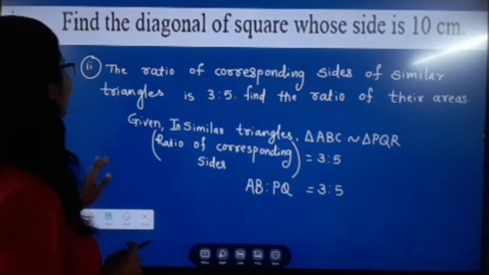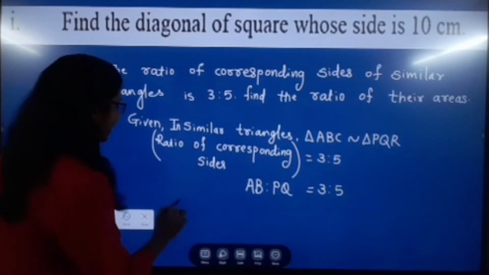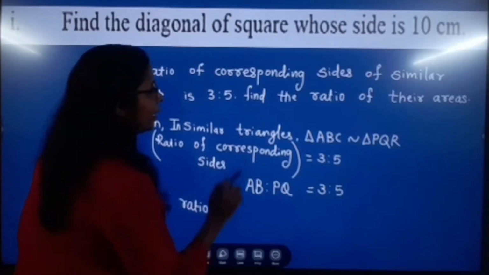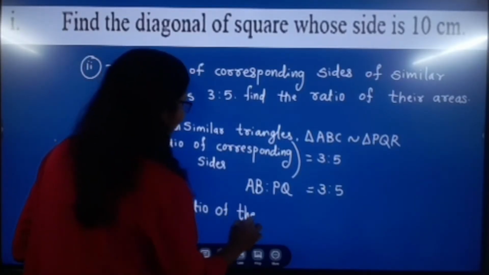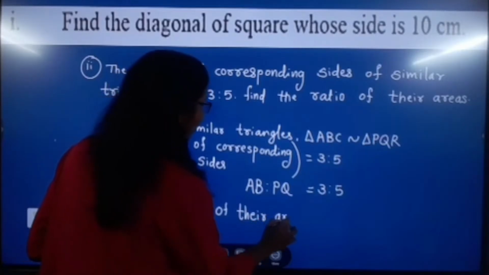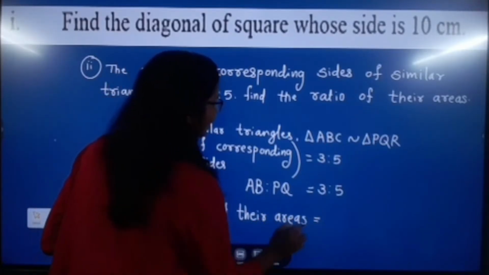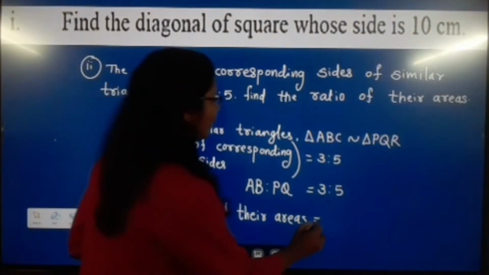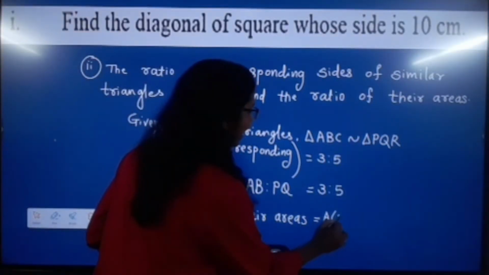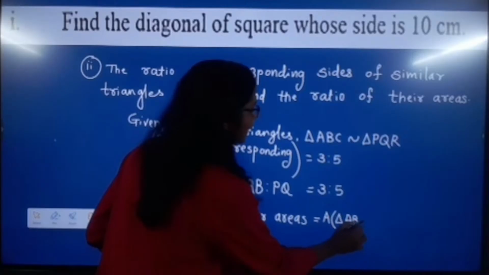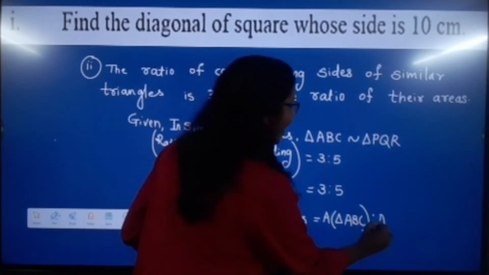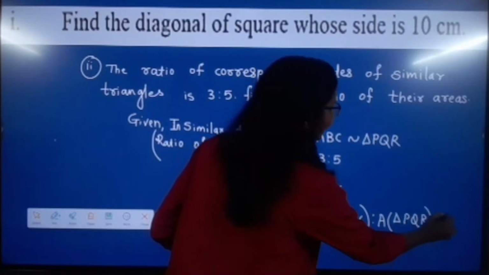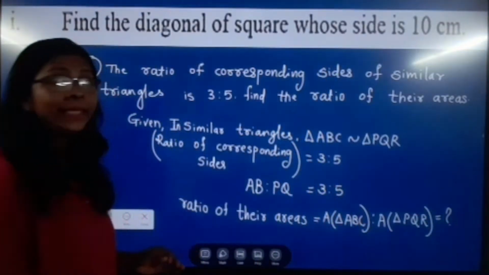Now we have to find the ratio of their areas. That means we have to find the area of triangle ABC is to the area of triangle PQR.